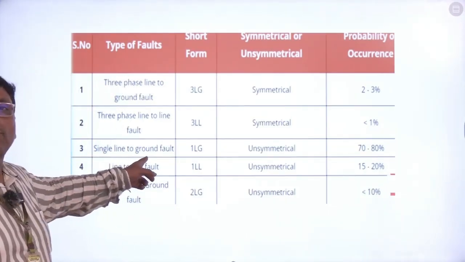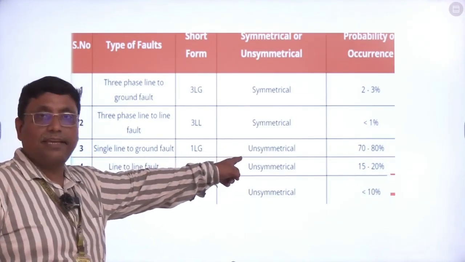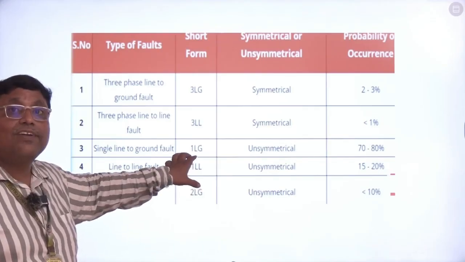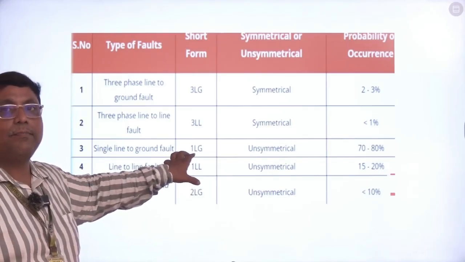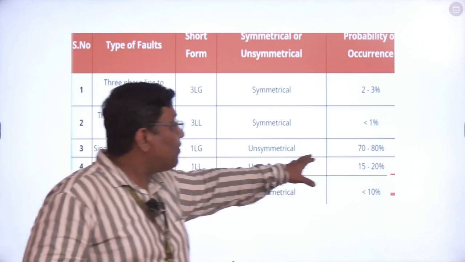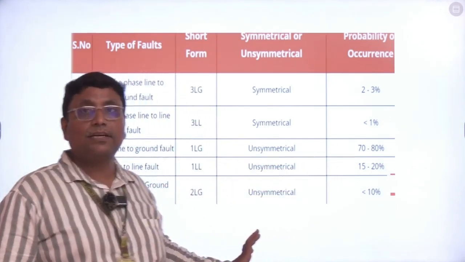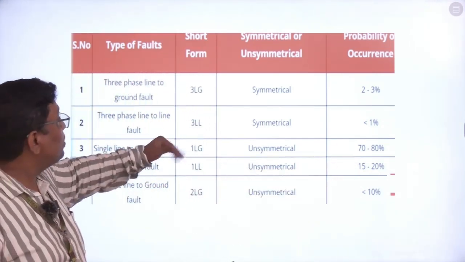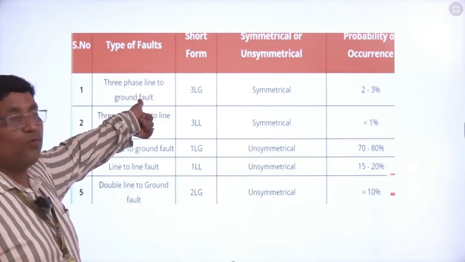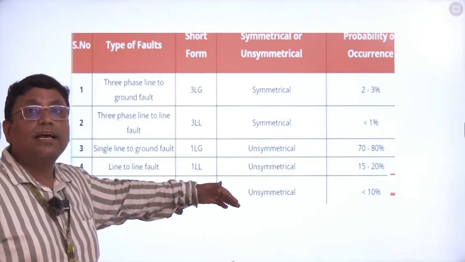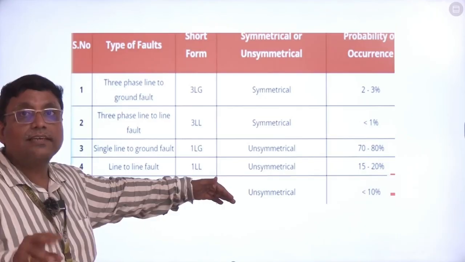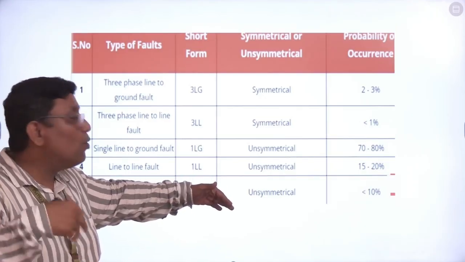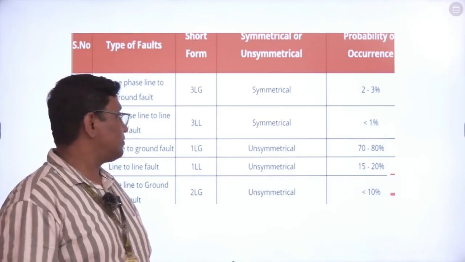Single line to ground fault is unsymmetrical case. This is frequently occurring, the probability of occurrence is 70%. Compared to three-phase line to ground fault, severity is less, but it occurs more frequently.